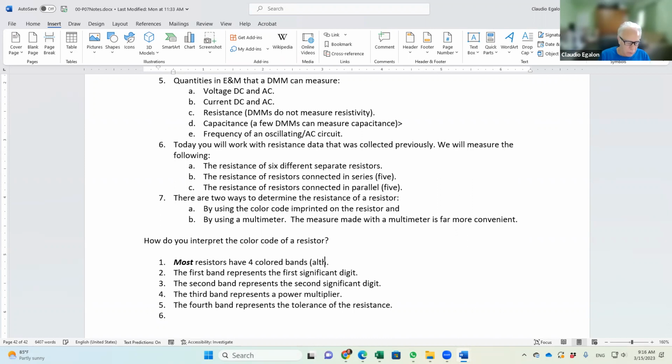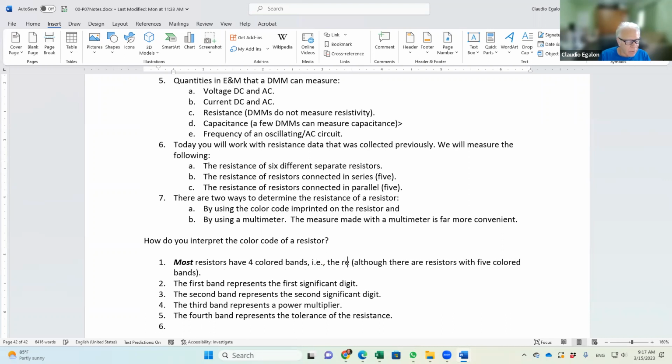Although there are resistors with 5 colored bands, the resistors that we use have only 4 colored bands. So you already know that those nominal measurements have only 2 significant digits, i.e., the resistance has 2 significant digits.